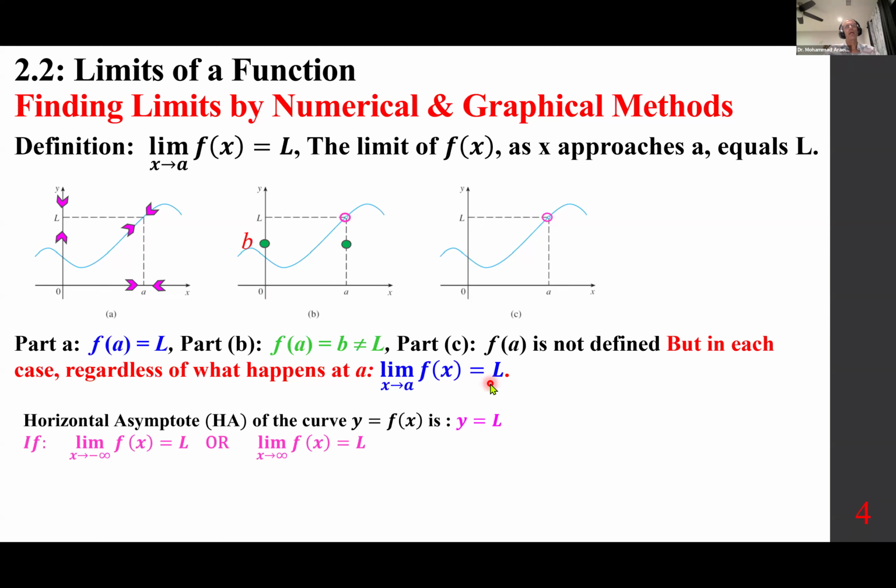Horizontal asymptotes have a specific definition in calculus. If the limit of f of x as x approaches negative or positive infinity is L, then the line y equals L represents the horizontal asymptote.